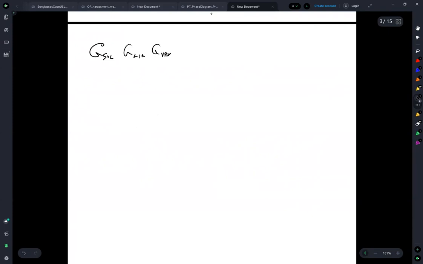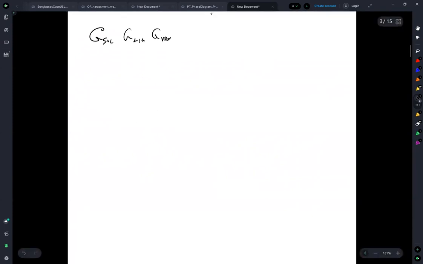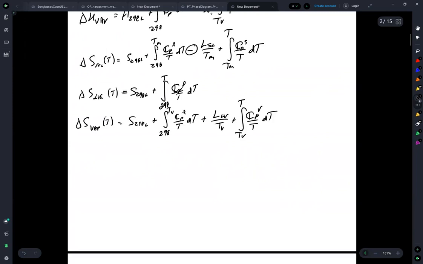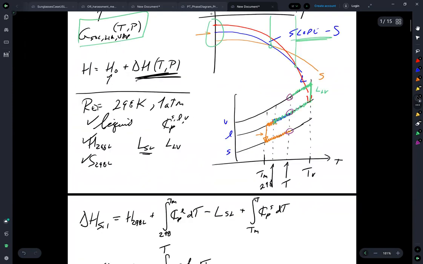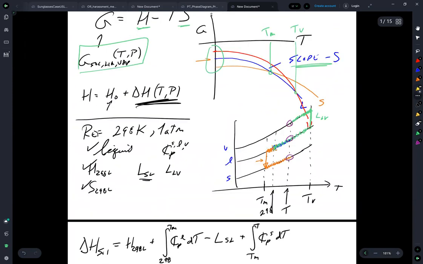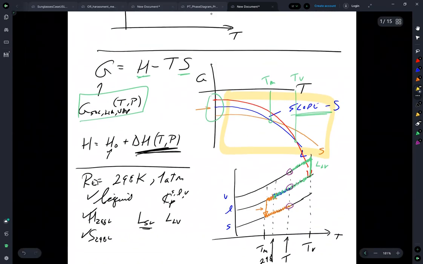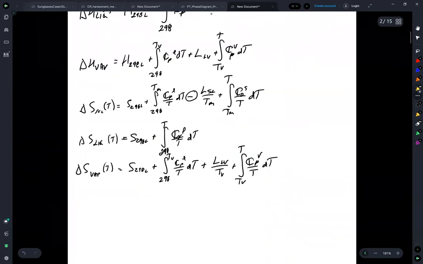And turns out when you do this, you get something that looks, well, just like this. You get exactly what you're looking for. Now, what that means is that at that constant pressure, we can determine the melting temperature and the vaporization point based on where these curves cross. Great.